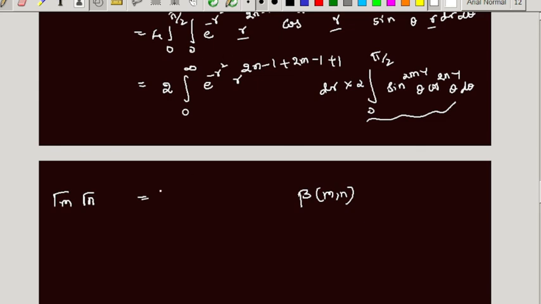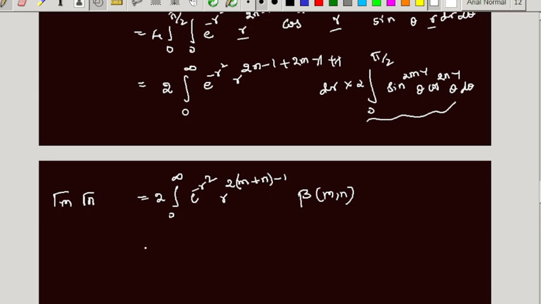Here we simplify the term, 2 times integration 0 to infinity e power minus r square into r power 2. If we add these, the terms cancel and we get 2 power m plus n minus 1.